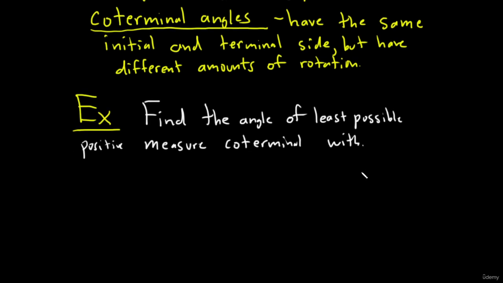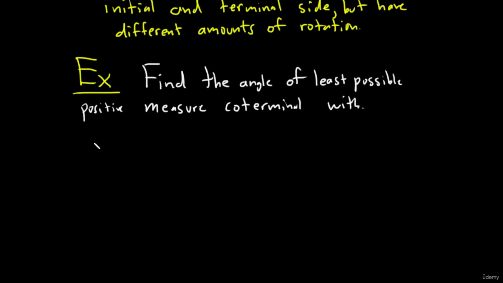Let's do a couple examples. Let's start with negative 60 degrees. Basically, you want the smallest positive angle that's coterminal with this. So all you have to do is add or subtract 360 to get to the smallest possible positive number. Since we have a negative number, we'll start by adding 360 one time.